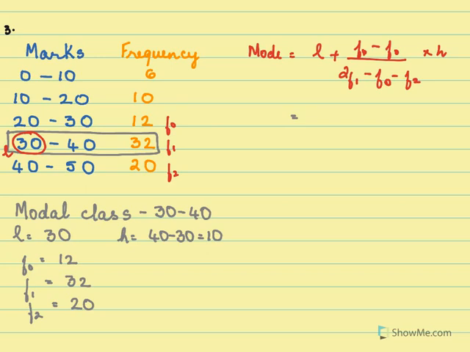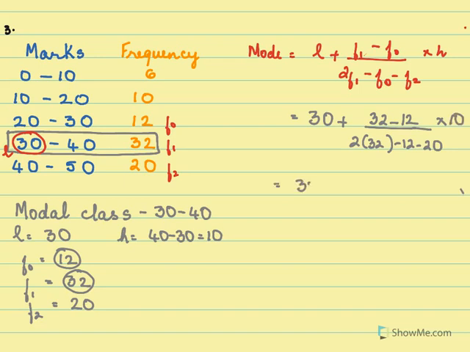So we have L is 30, the modal class was here 12, so we see here our F1 is 32 minus F0 is 12, over 2 into 32 minus 12 minus 20, F2 is 20, into H we saw was 10. So we have 30 plus 32 minus 12 is 20, down we'll have 64 minus 32 into 10.